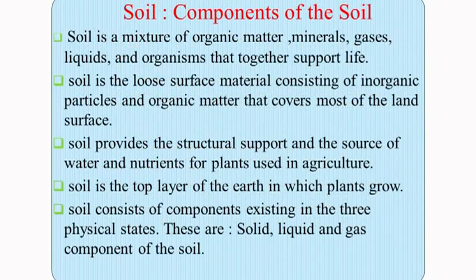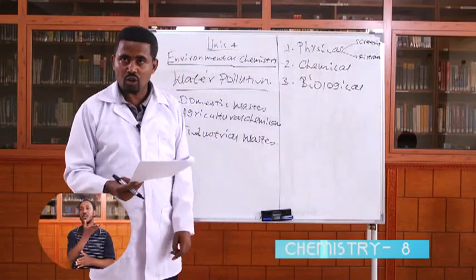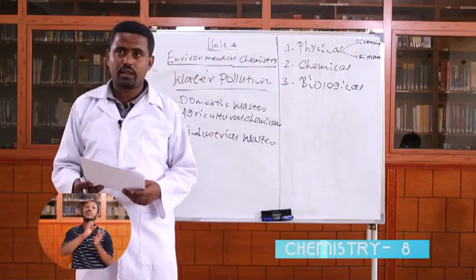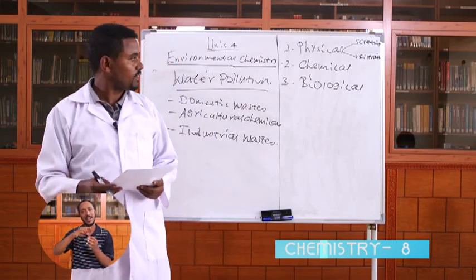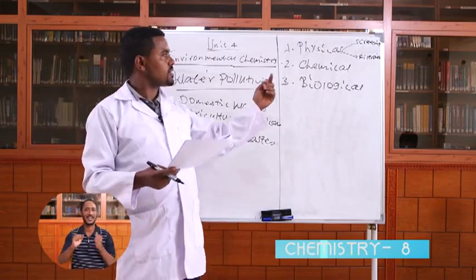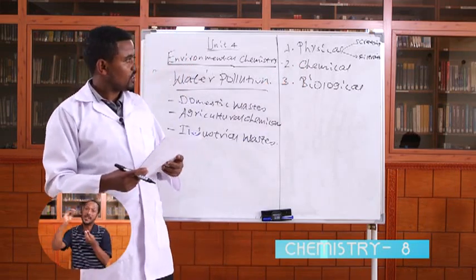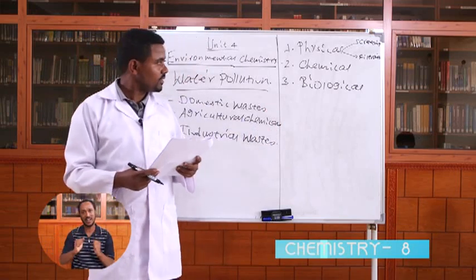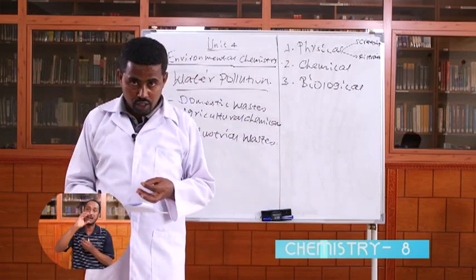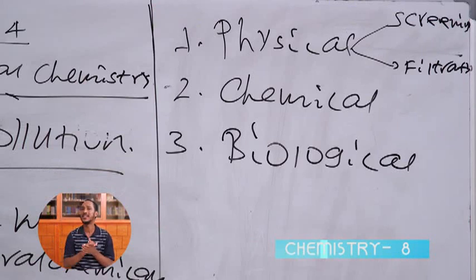Under chemical treatment, there are two points: addition of chlorine, which is used to kill germs and bacteria, and addition of aluminum sulfate, which is used to remove fine dissolved particles in water.